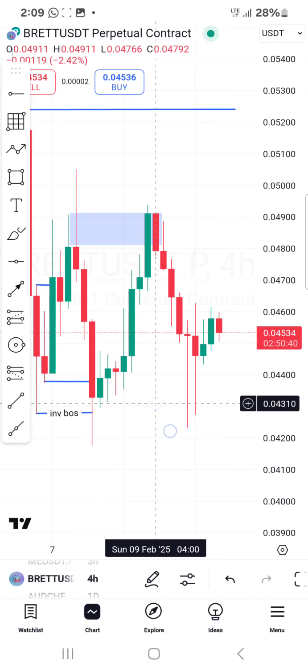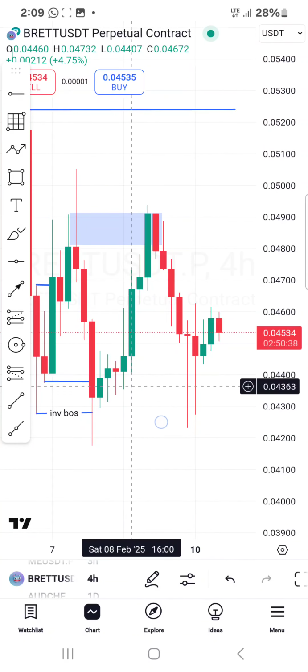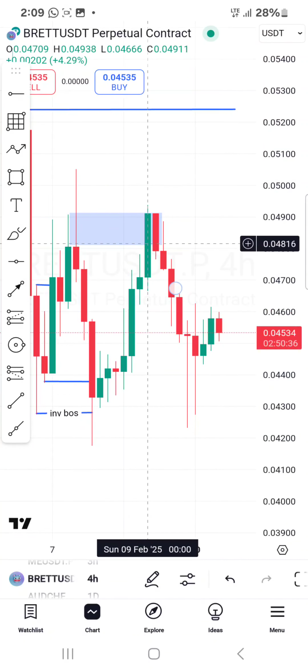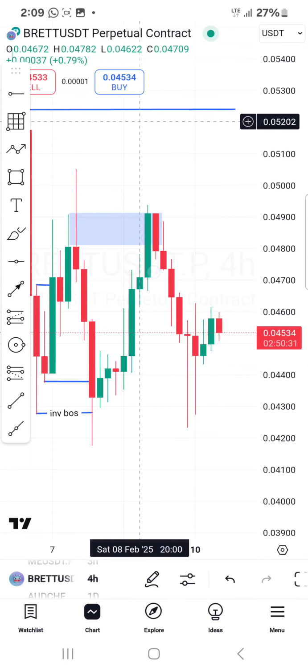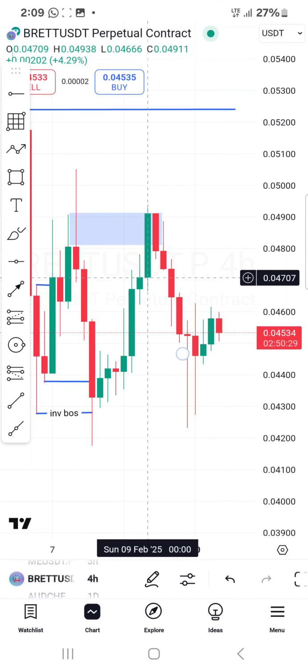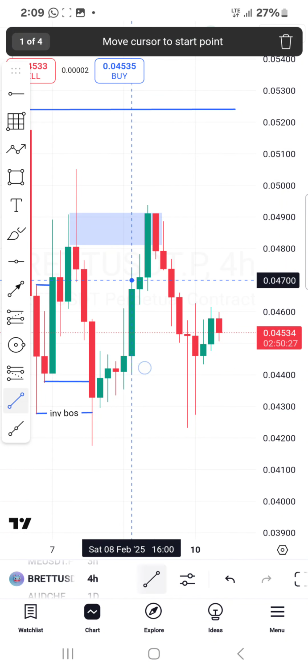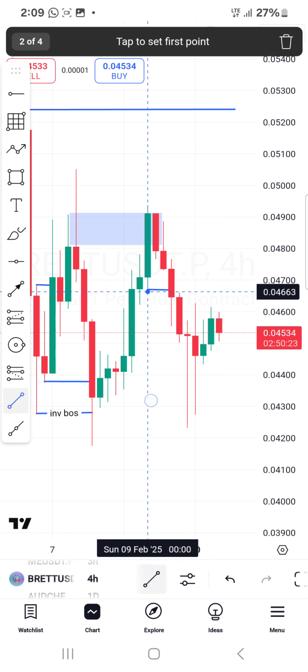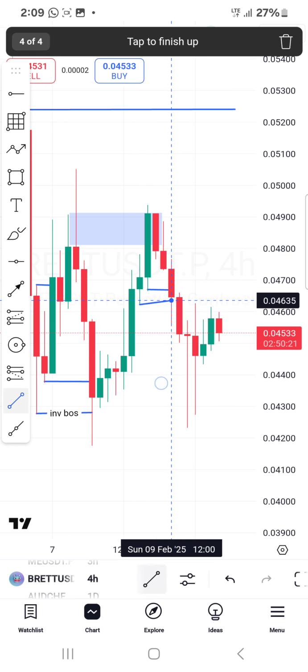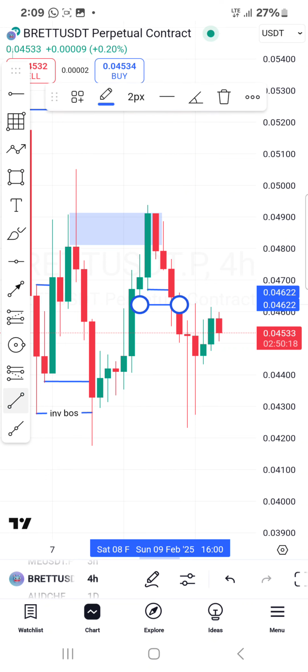So now we have this down, break of structure, down, break of structure, down, break of structure. To confirm that we have a downtrend from here, it will have to break this, then this. 2 candlesticks break to confirm the downtrend.